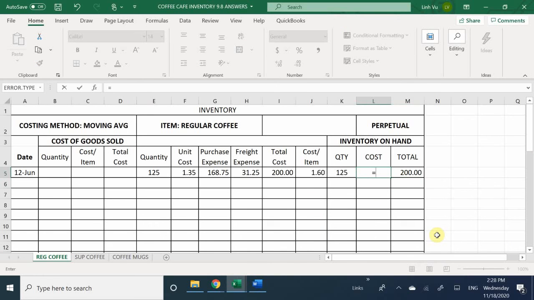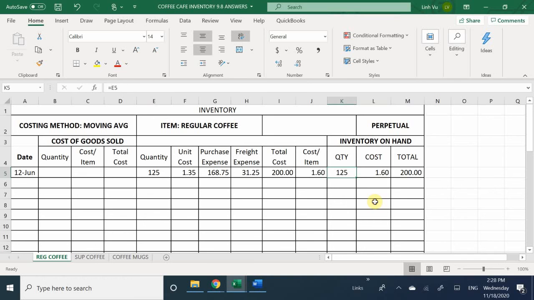So in this case, I'm transferring over only the quantity and the total cost, and my calculation will take my average cost: my 200 divided by my 125 to get an average cost of 1.60. Okay, so good, that is my first inventory here.